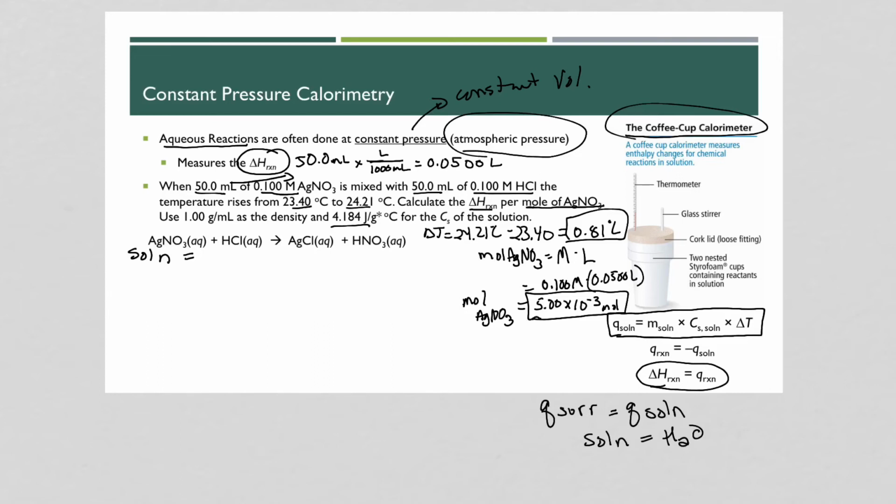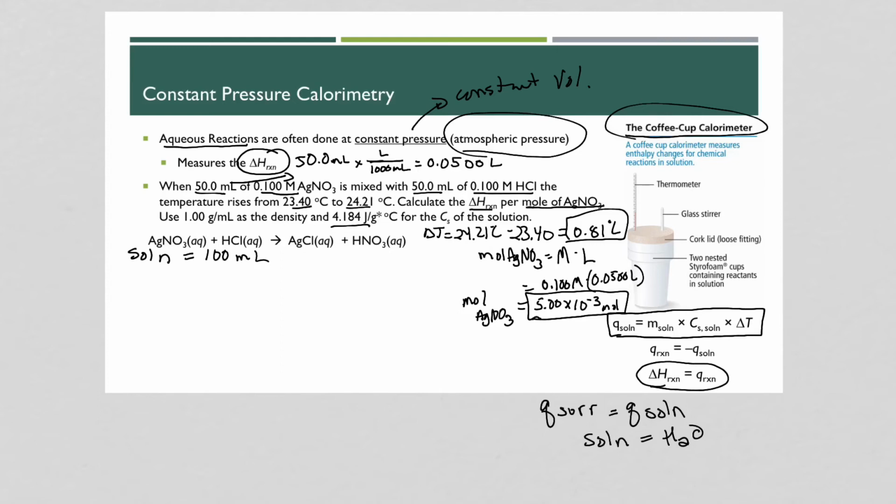That's what's in my cup, right? I have 100 milliliters of solution here.